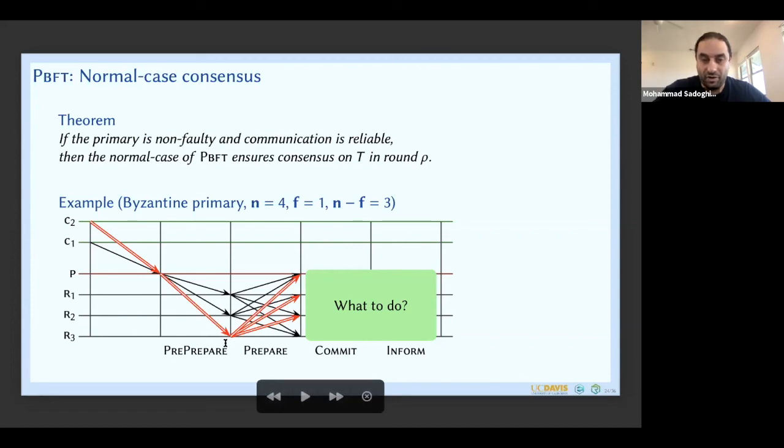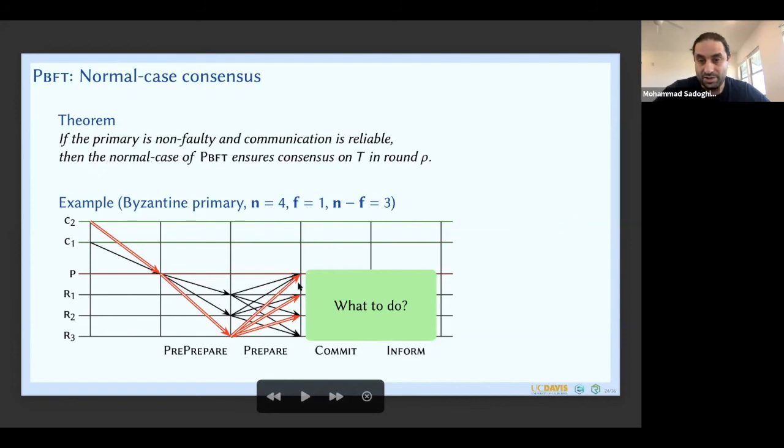So if the malicious entity here is actually the primary, and the primary sends a faulty message or a different message to some of the replicas, still at this phase, as long as the majority can agree that they all receive the same message from the primary, it doesn't mean everybody needs to be on board.